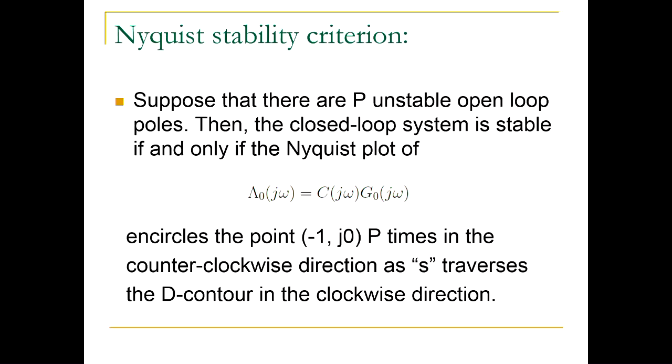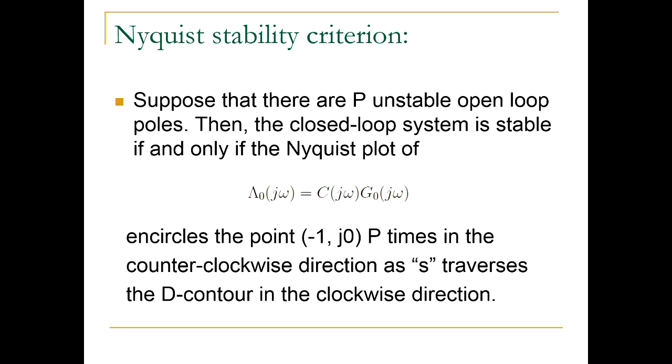Omega will be a parameter on this curve. For every fixed omega, that gives me one point on lambda of j omega. As omega changes from minus infinity to plus infinity, there will be an arrow on that plot that shows me which direction I'm going. And that arrow should be such that the curve encircles this point p times in the counterclockwise direction. That's the necessary and sufficient condition for stability of the closed loop.